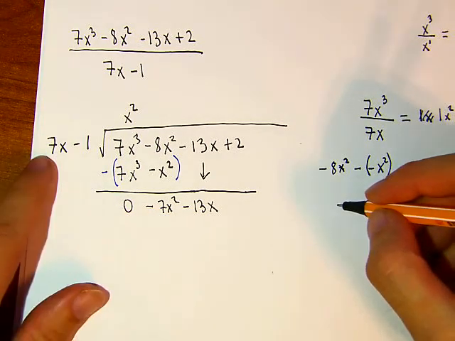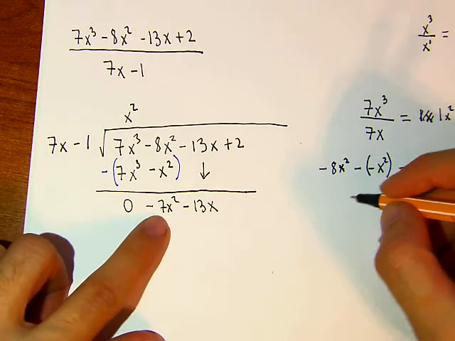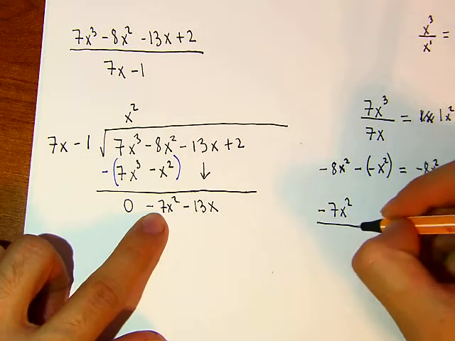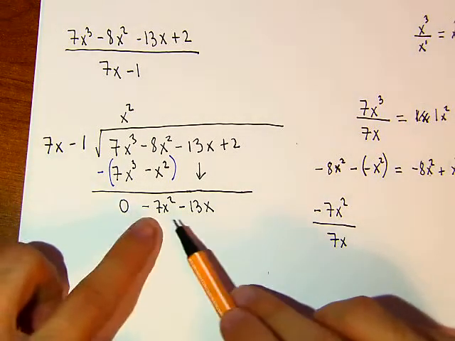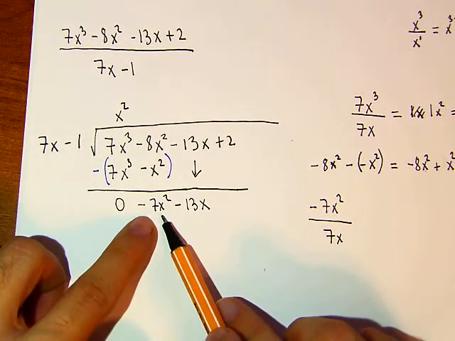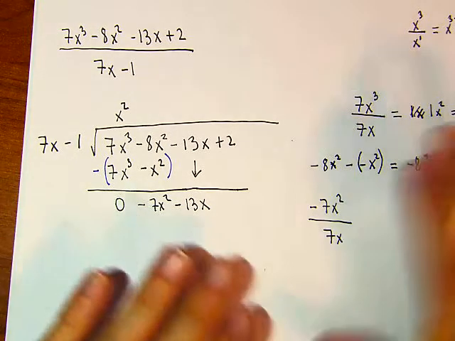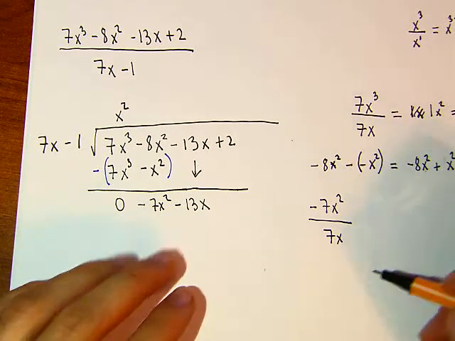And if it's still a little weird to ask yourself that, always just do this. You see, you have negative 7x squared divided by 7x, right? That's what you're doing when you want to find out how many times something goes into this. You could just do this on the side, and you won't make a mistake.